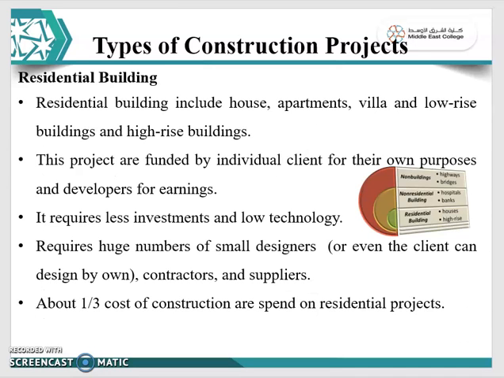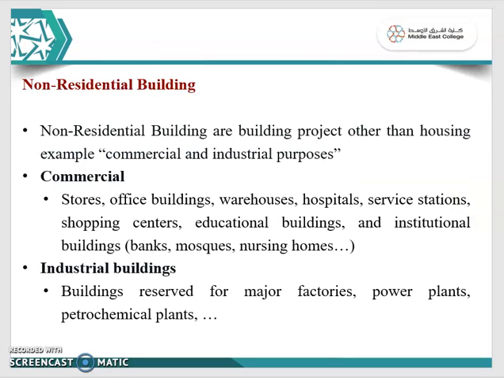So there are different types of construction projects. The first type is the residential building. Residential buildings are where we generally live. Various types of residential buildings are apartments, villas, low-rise buildings, and high-rise buildings. Non-residential buildings are those which are not used for residence purposes.